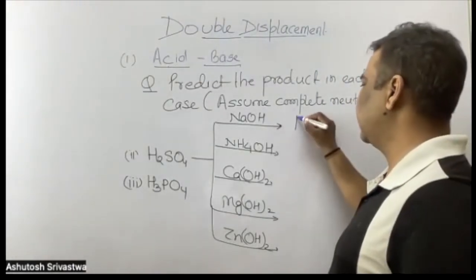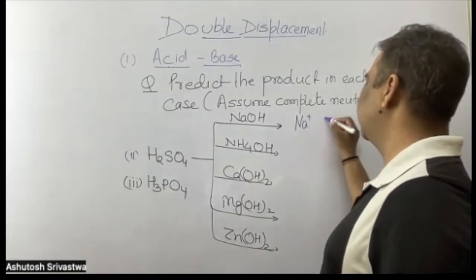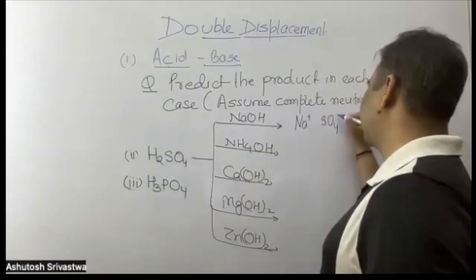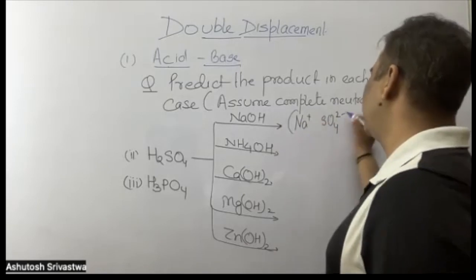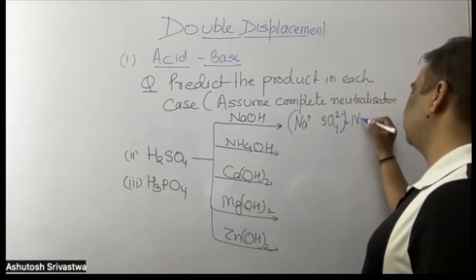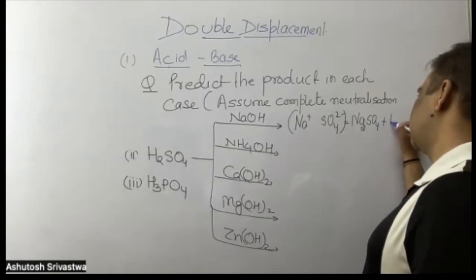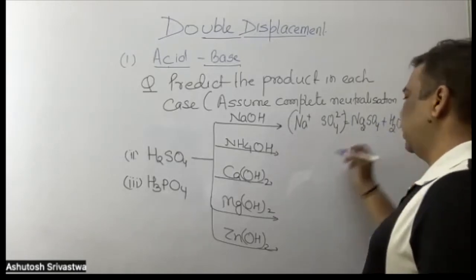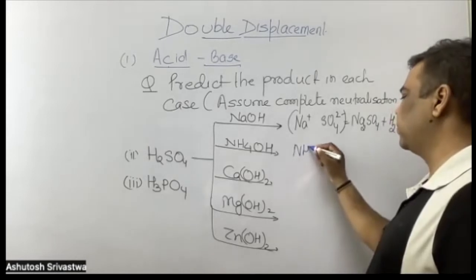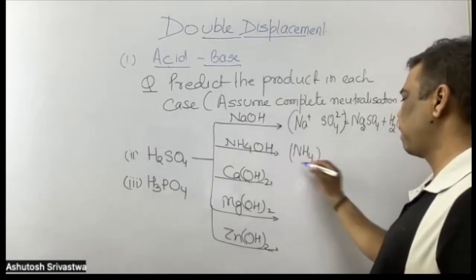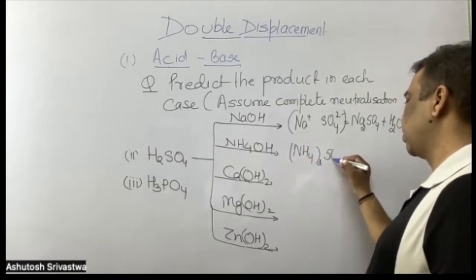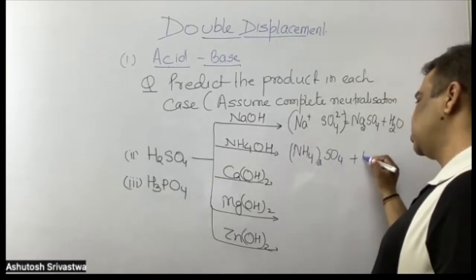It is Na plus and sulfate 2 minus, so these two combine and the formula will be Na2SO4 plus H2O. Here it is ammonium sulfate plus H2O.